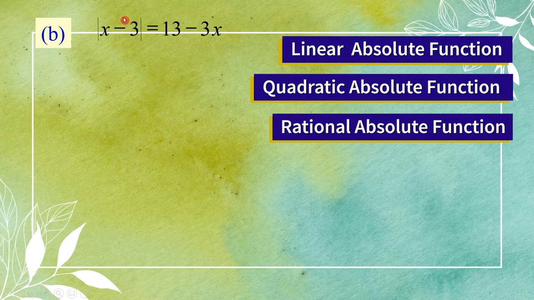If just now we had a look at the linear, quadratic, and rational absolute function. Now, this time, it's a linear function, but we have another unknown without absolute.